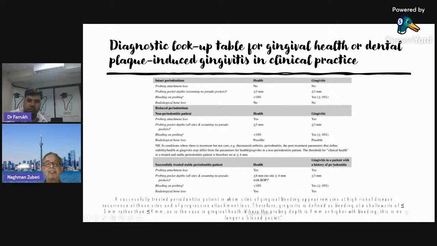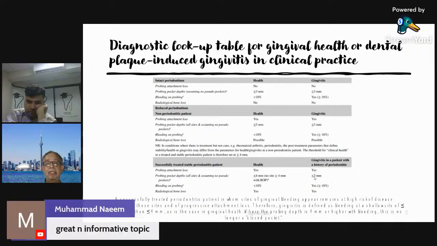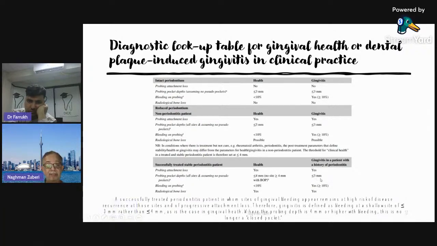Similarly, even in gingivitis, we will find probing attachment loss. Probing pocket depth, on all sides, assuming no pseudo pocketing, will be less than or up to 4 millimeter, but no site should be more than 4 millimeter with bleeding upon probing. And in gingivitis, it should be less than or up to 3 millimeter.